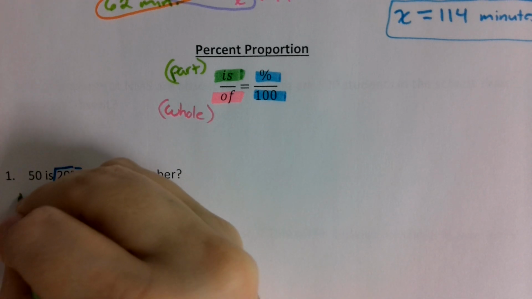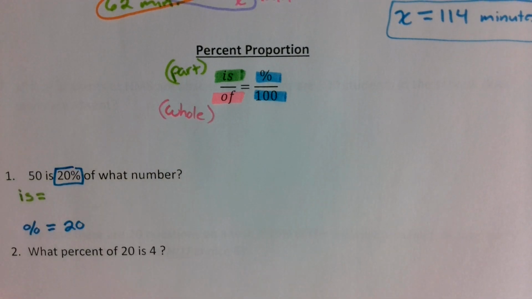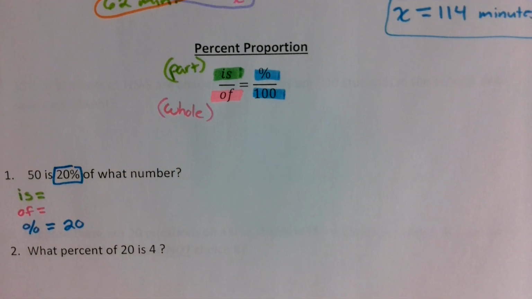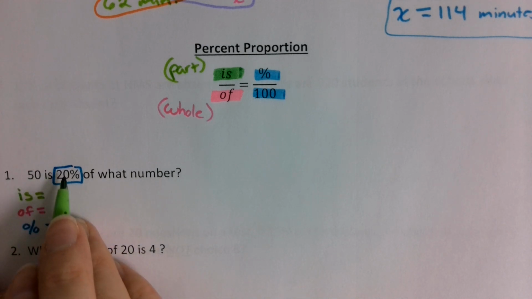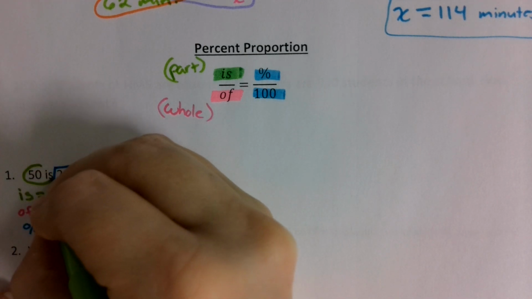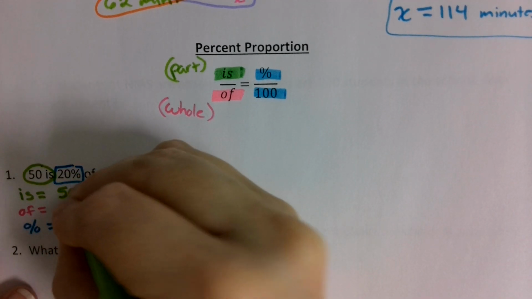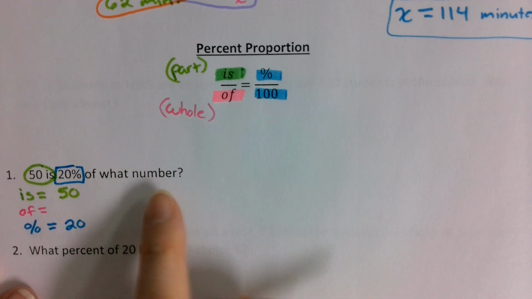Now I still need to figure out what my other ones are. I need to figure out what the is value is going to be and what the of value is going to be, and I need to use those terminologies. It says 50 is. There's my is. 50 is connected with the word is. That's my is value. It says of what number.